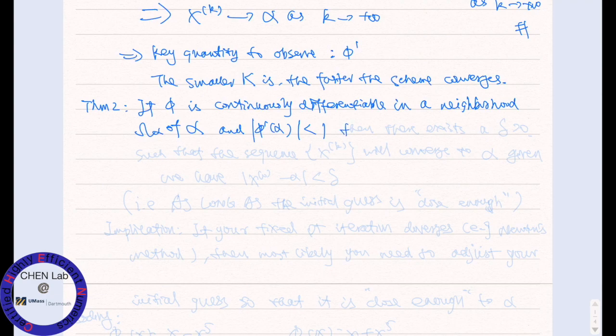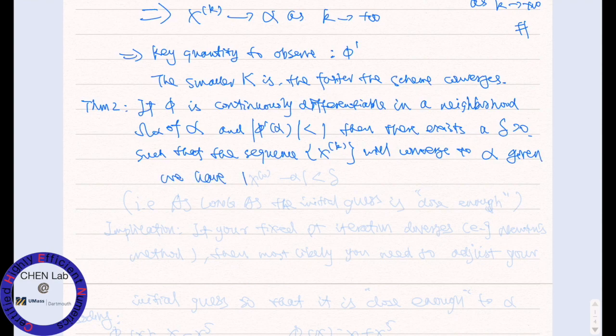Then there exists a delta, a delta larger than 0, such that the sequence of our iterate x_k will converge to alpha, given we have |x0 minus alpha| less than delta.